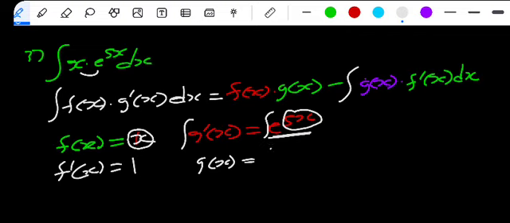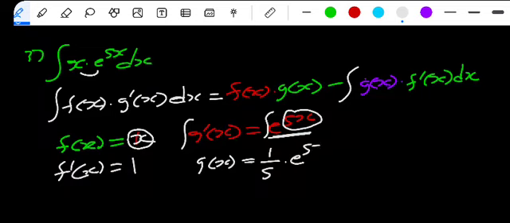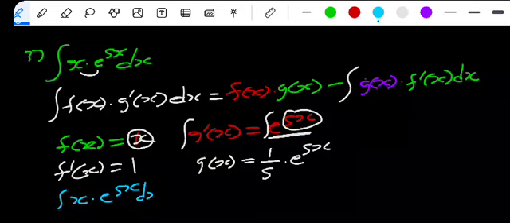Remember that will be 1 over 5 multiplied by e to the 5x. All right, this is what we have there. So you can substitute in our formula. We have there the integral of x multiplied by e to the 5x dx.